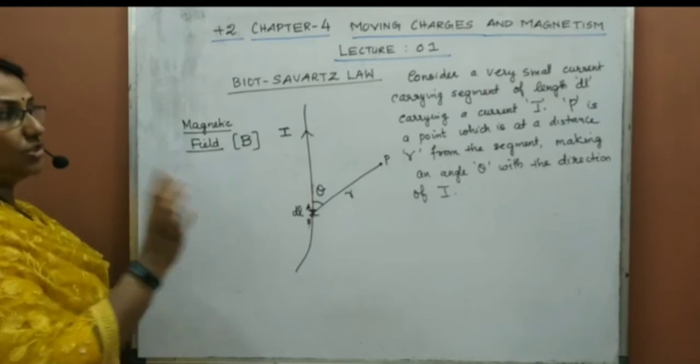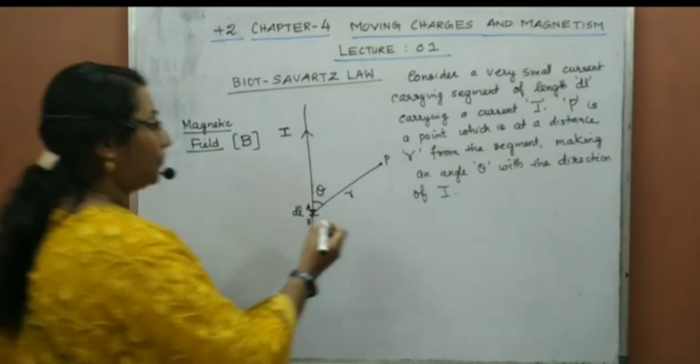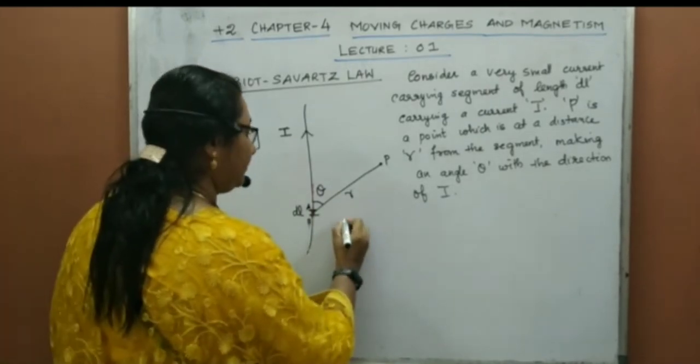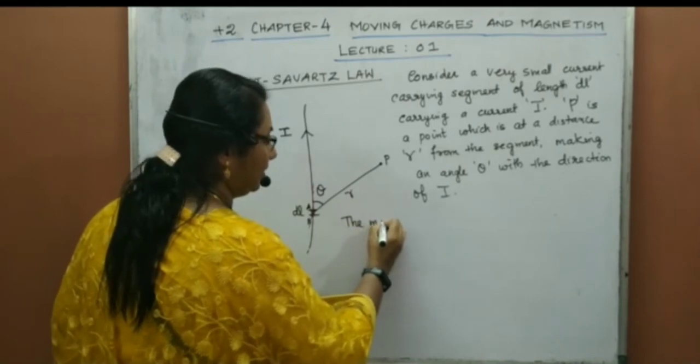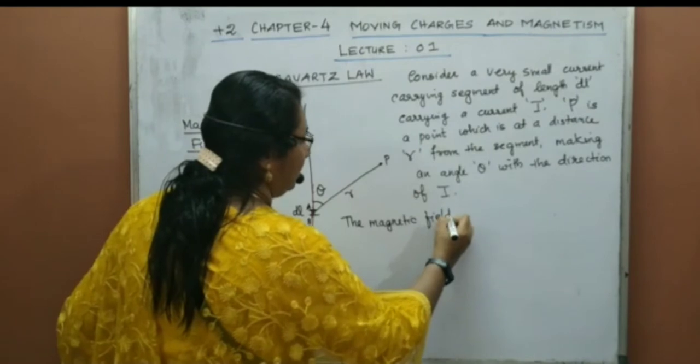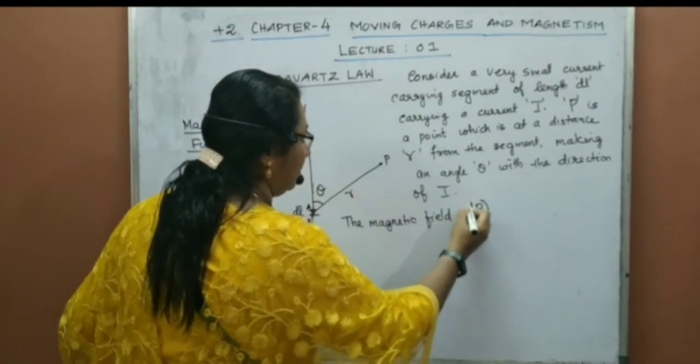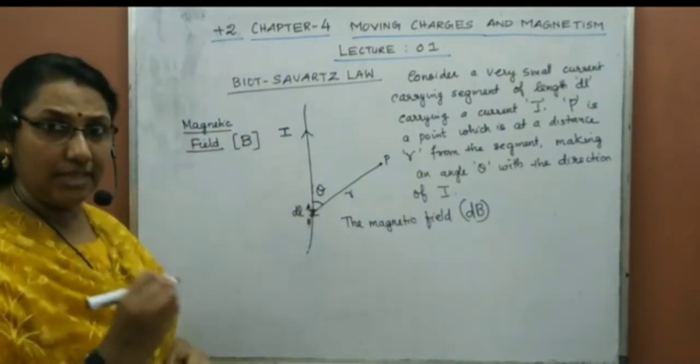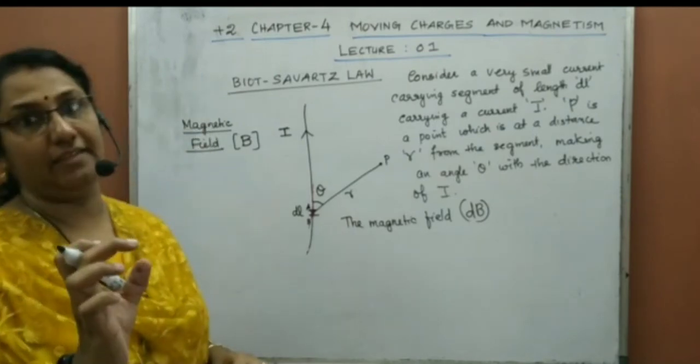The magnetic field is also very small. So we can write here the magnetic field dB. Why dB? Because the current carrying segment has a very small length dl.